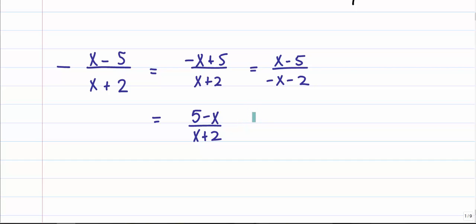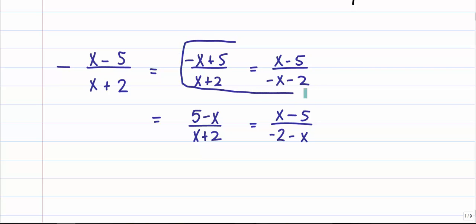Or you could turn the denominator around. You can turn them both around if you wanted to. But you could take x minus 5 and then do negative 2 minus x. There's a couple of ways you can write it, but those are the 2 fundamental ones that you would start with.